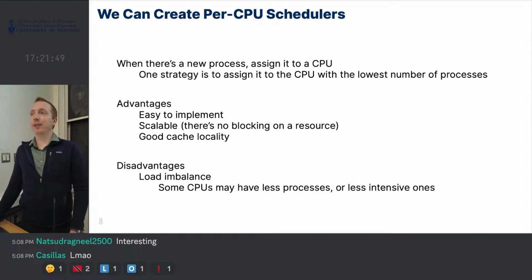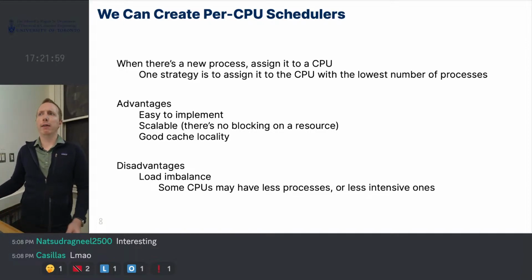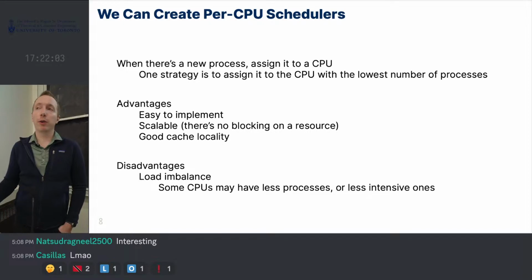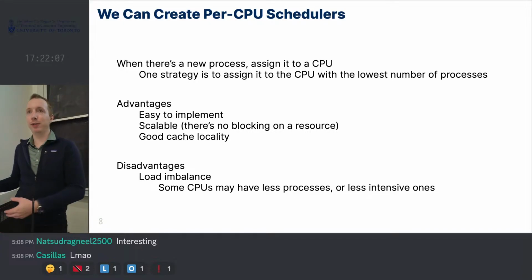The disadvantages of this is there might be some load imbalance. So you can imagine, since we just make the decision at the beginning, we might be in a situation where, say we have 4 cores and 8 processes. So we assign 2 processes to each core.